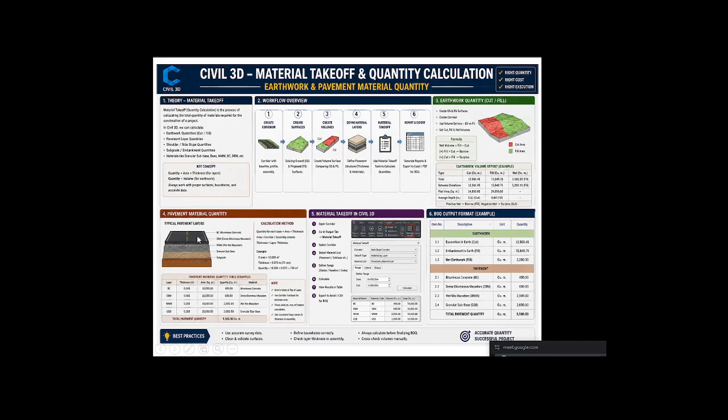So if I want the quantity for the first BC layer, or subgrade layer, or base layer, sub base layer, or WMM, you can calculate the quantity separately. We simply select the corridor and then choose the material list, define the station range and click the calculate button. So within a few seconds, we can generate the quantities for all pavement materials without any manual calculation.